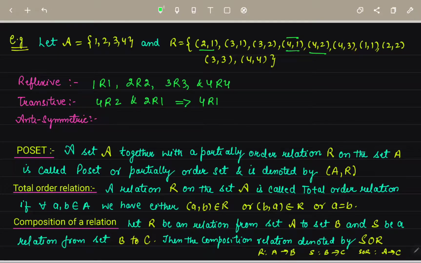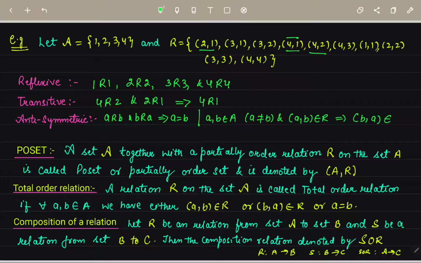Now for anti-symmetric, what I have to basically prove is: if A is related to B and B is related to A, then it implies that A is equal to B. Or we can sometimes also define this as: if A, B belong to set A and A is not equal to B and the ordered pair (A, B) belongs to R, implies (B, A) does not belong to R. So this is also one definition of anti-symmetric.